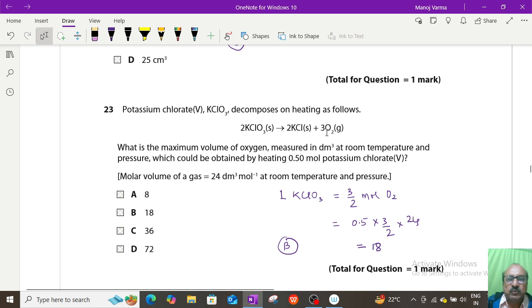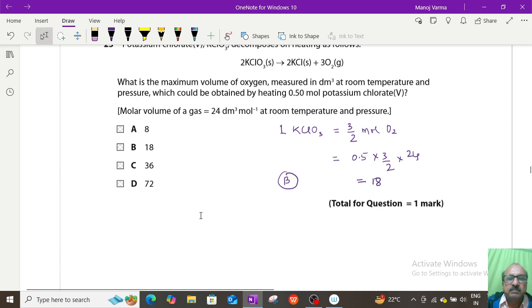It is 2:3. That means 1 mole of KClO3 gives 3/2 moles of oxygen, and we have 0.50 mole of potassium chlorate, so it will give you 0.5 into 3/2 moles of oxygen. But if you want the volume, multiply it by 24 dm cube per mole, and you get the answer 18, which is the answer B.